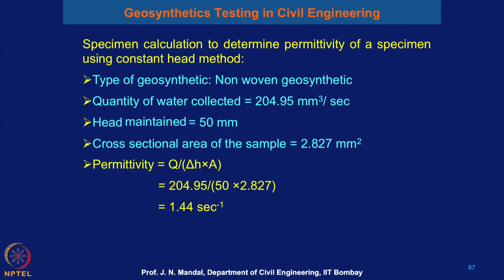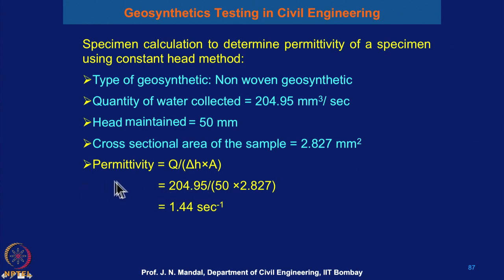Now, a specimen calculation to determine the permittivity of a specimen. For example, you are taking a non-woven geosynthetic material, and the quantity of water collected is about 204.95 millimeter cube per second, the head maintained is about 50 millimeter, and the cross sectional area of the sample is 2.827 millimeter square.